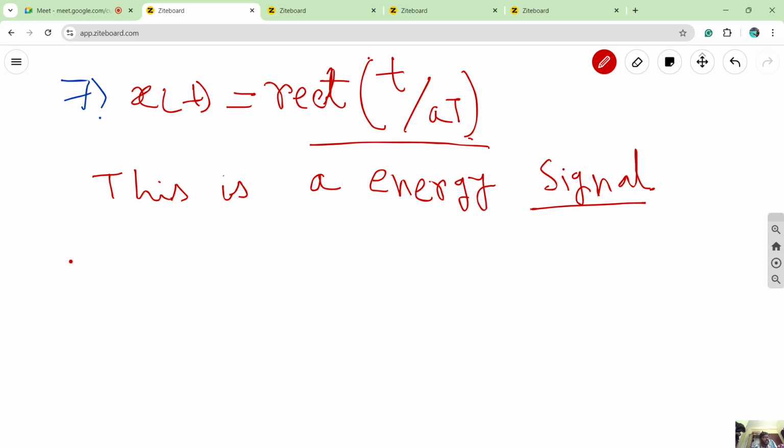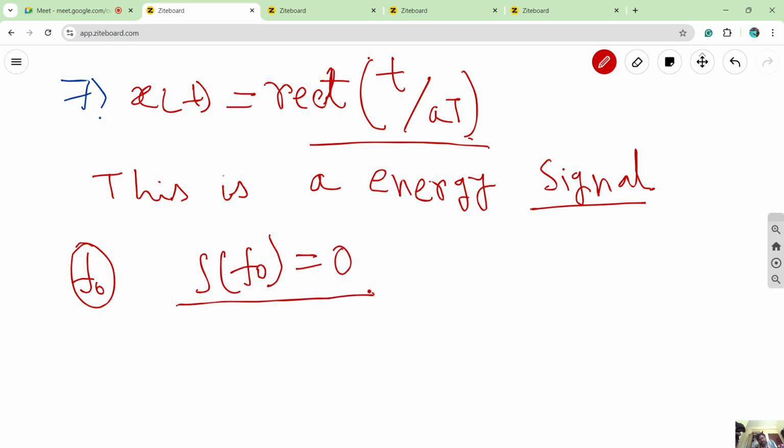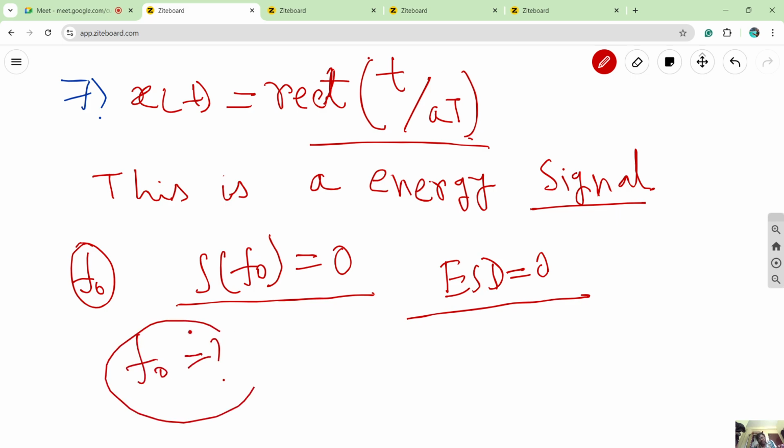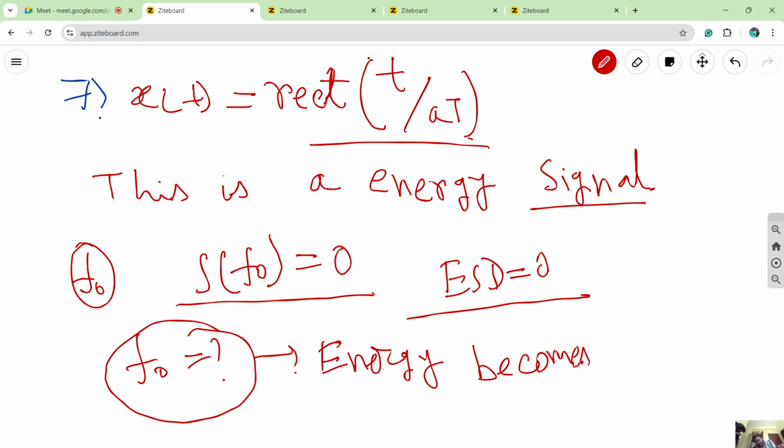Now this signal will have a particular frequency f0 where S of f0 will be equal to 0. The ESD will be 0 at a particular point. We have to calculate what is that f0, that is, where the energy becomes 0 in the spectrum.